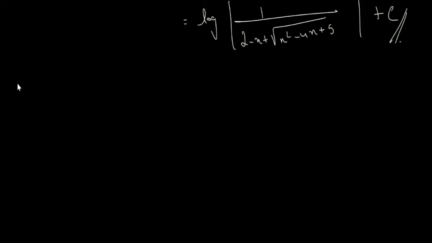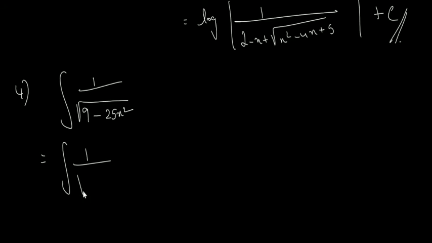Question number 4. Integrate 1 by root of 9 minus 25x square. So this is integral 1 by root of 9, you can write it as 3 square minus, write as a perfect square. Okay, so 25x square, you can write it as 5x the whole square.